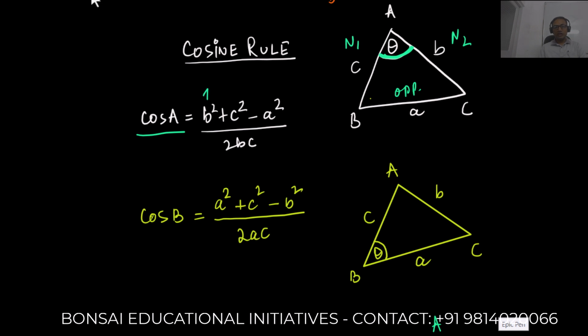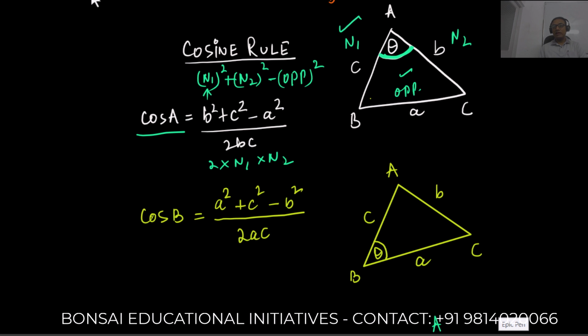So what we are taking is neighbor side number 1 square plus neighbor side number 2 square minus opposite side square, upon 2 times neighbor side number 1 and neighbor side number 2. So this is the holy formula. Cos A equals neighbor side number 1 square plus neighbor side number 2 square minus opposite side square upon, in the denominator, 2 times neighbor 1 and neighbor 2.